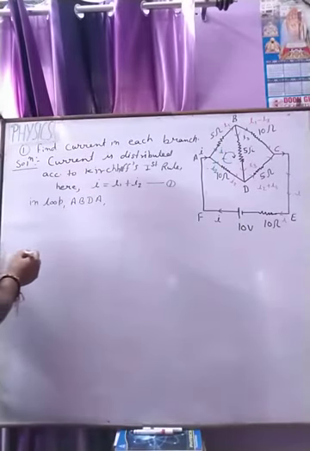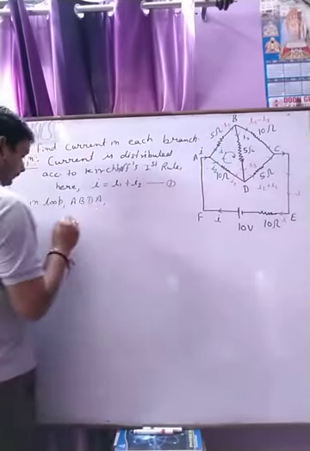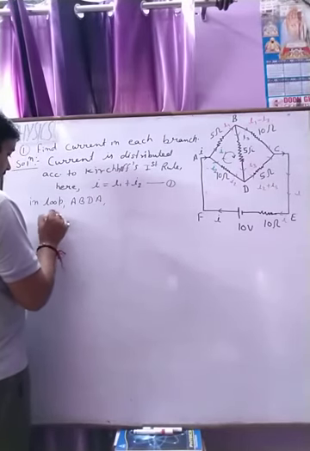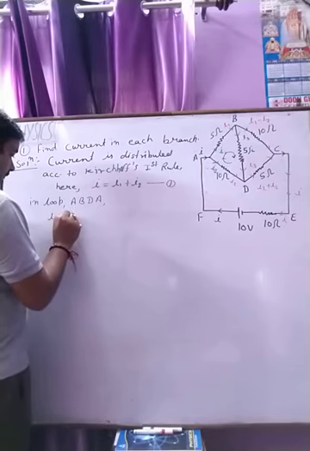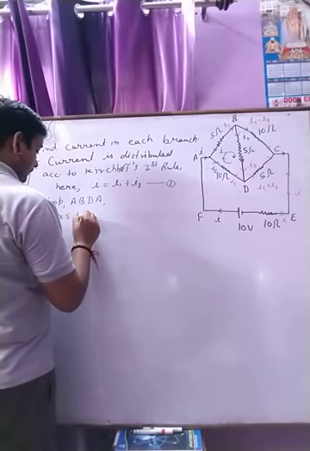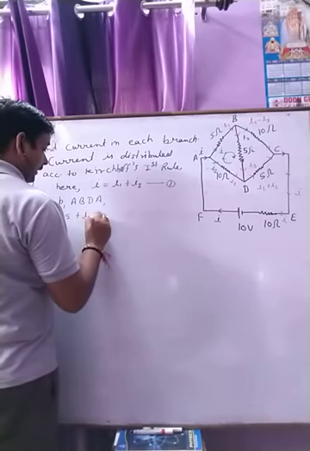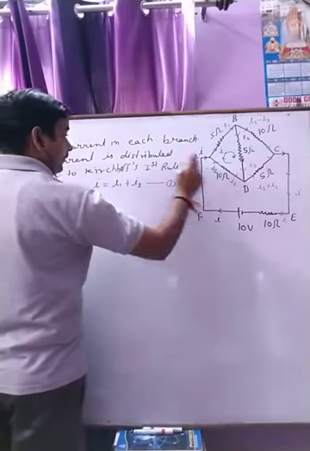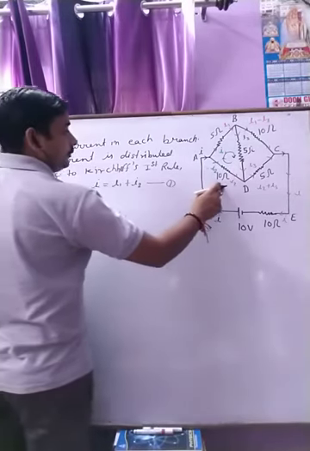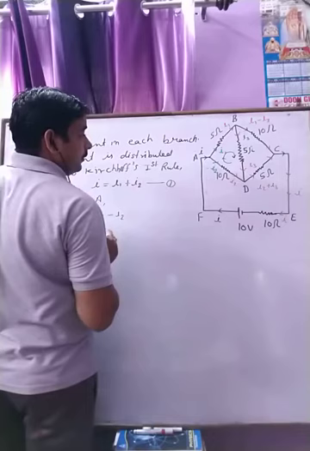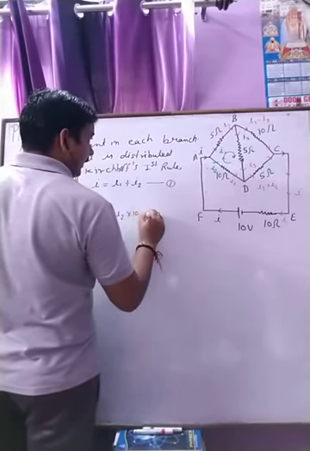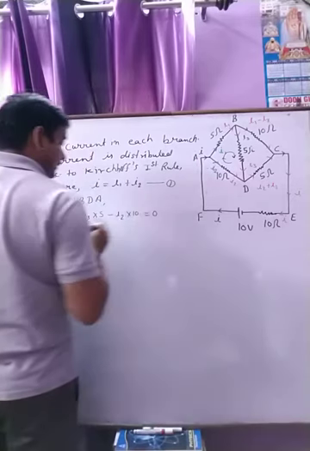Okay, therefore I1 into 5 plus I3 into 5 and minus I2 into 10, and we reached at A, so it is 0.